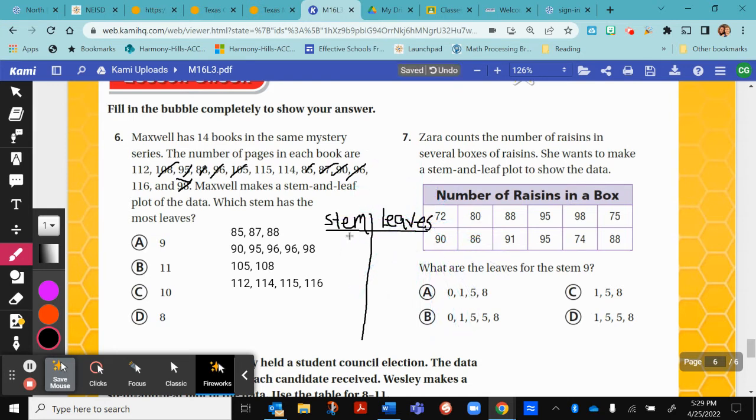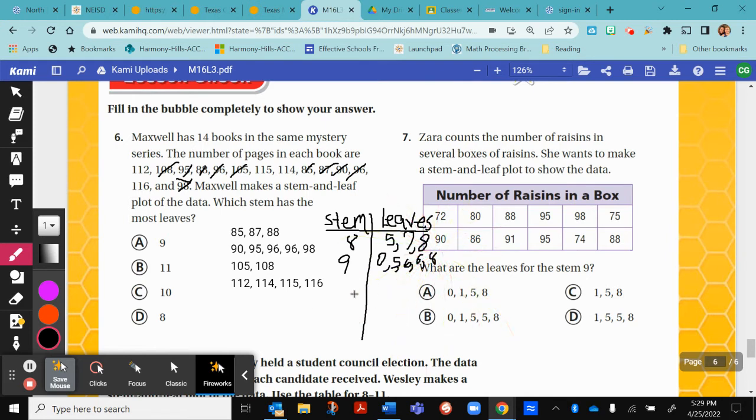Looking at the first one, my stem is 8. I have stem 8 and it has leaves 5, 7, and 8. Okay, so that one has 3 leaves. Stem 9 has 0, 5, 6 twice, and 8.